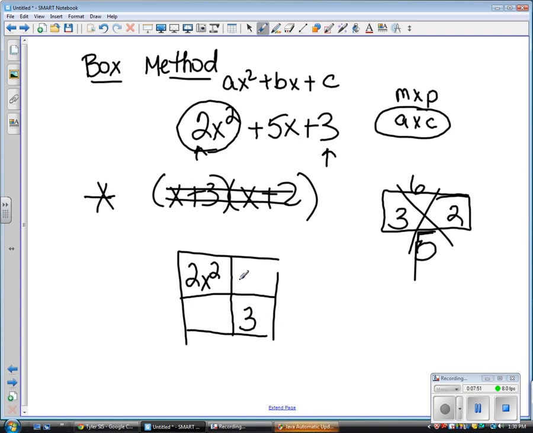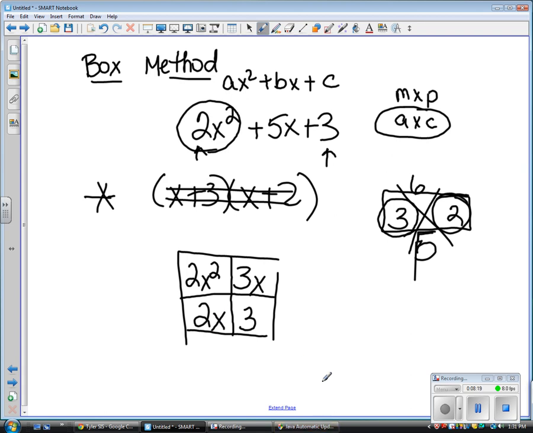If you were reading like a book, this would be the first thing, and this would be the last thing on your page. This is the first thing of your quadratic equation. This is the last. So it's going to stay first and last. It's the middle terms that are going to change. You're going to take one of these and put it in one of those boxes, and take the second one and put it in the second box.